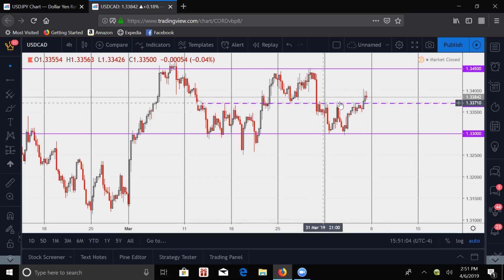This looks very similar, this area right here and this area right here.